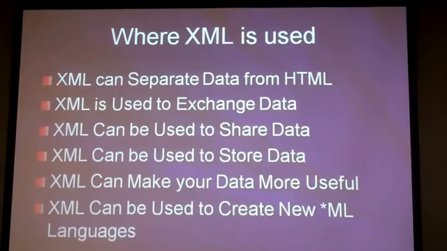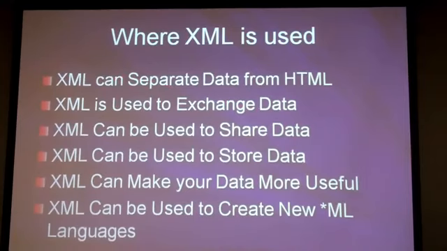So you can store information about books in an XML document, and then have a separate HTML document, which will pull out this data and show it to you in HTML format. And then that HTML document will handle only the formats and the layout, and the data itself, where books are listed with authors, with the publishing year, and so on, will be saved in an XML document. Okay, XML will handle the data.